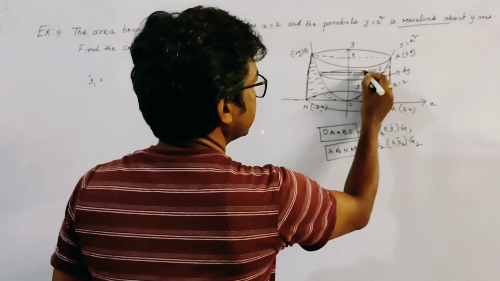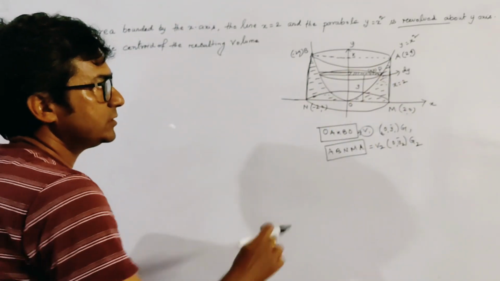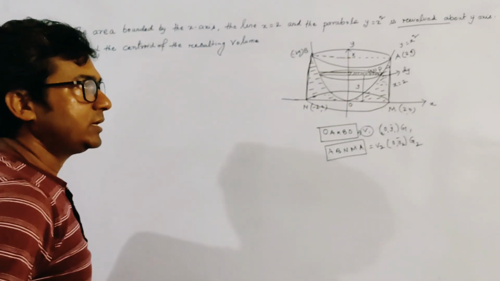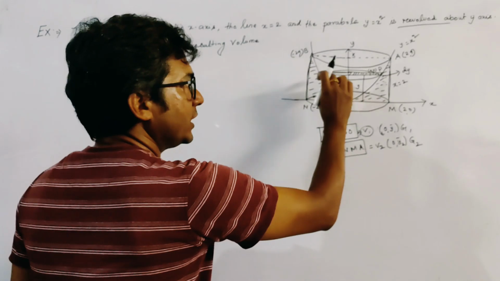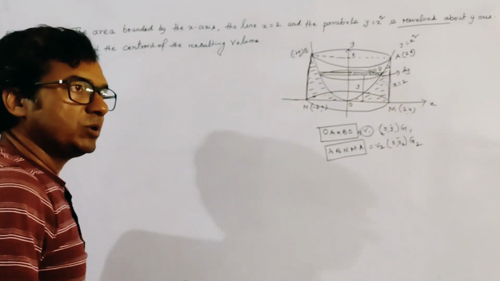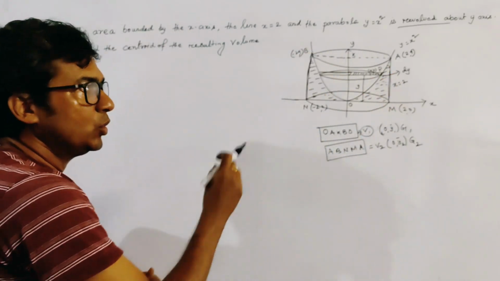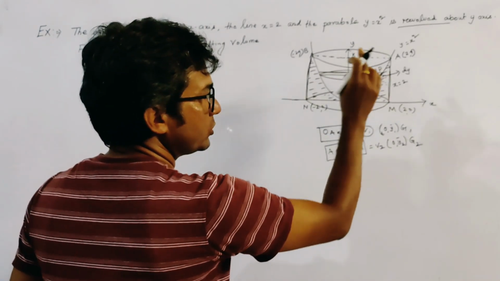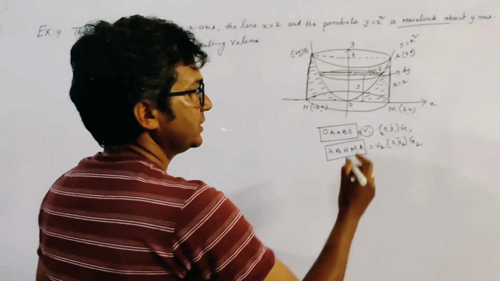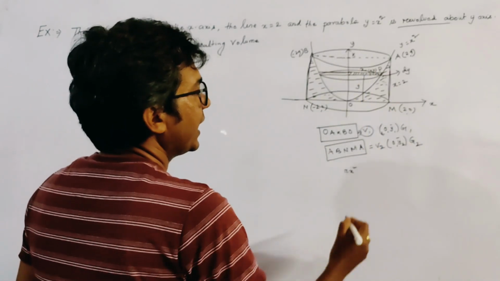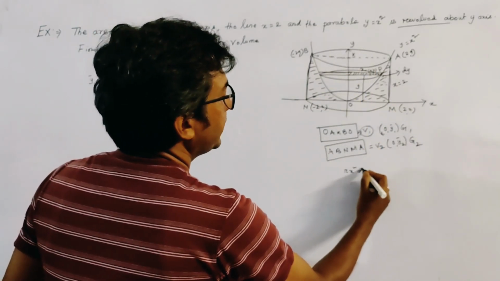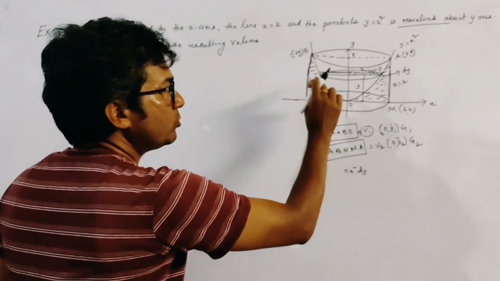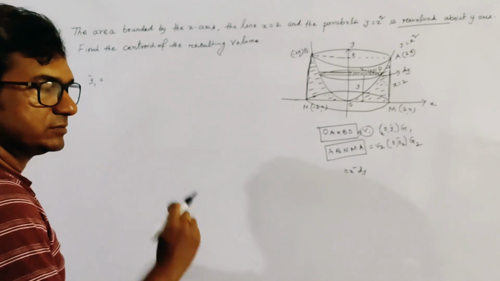By revolving we get a circular ring, whose volume is given by pi x square, because the radius is x, and its breadth is dy. This is the volume of the circular ring.